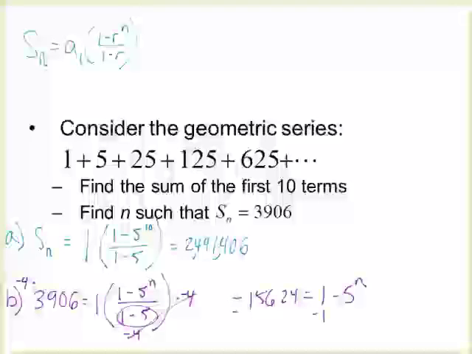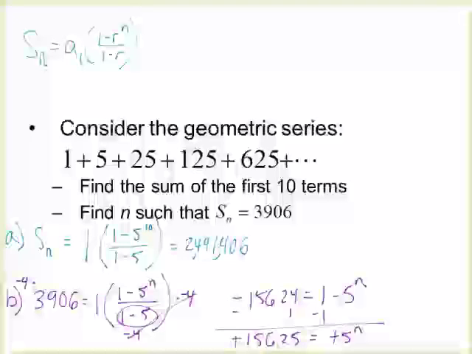I'm going to subtract 1 from each side. Gives negative 15,625 equals negative 5 to the n. Double negatives cancel them out, and then guess and check it. So 5 to the first, 5 to the second, 5 to the third, 5 to the fourth, 5 to the fifth, 5 to the sixth.